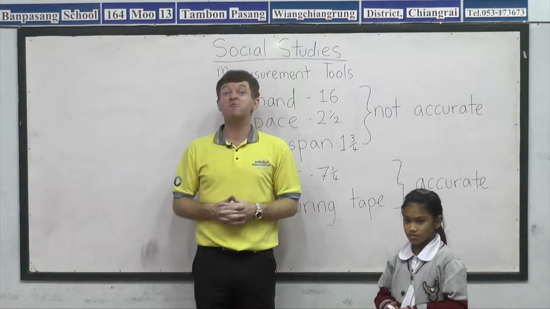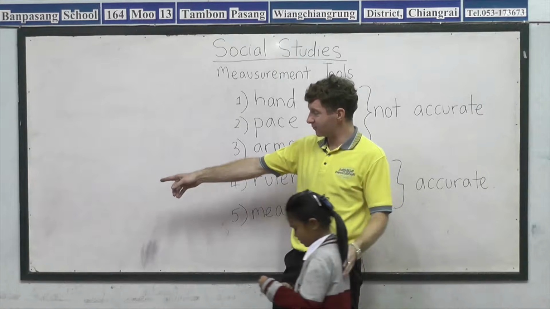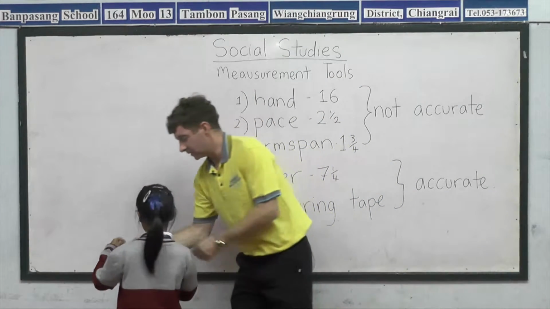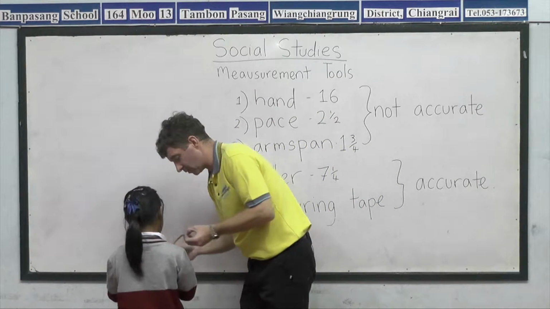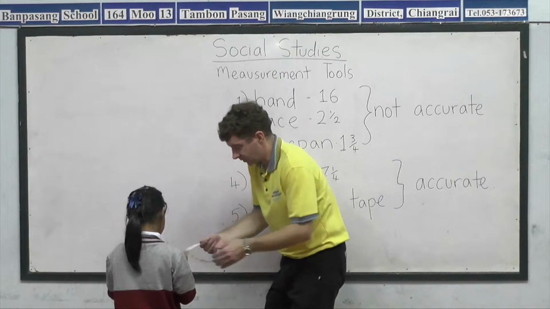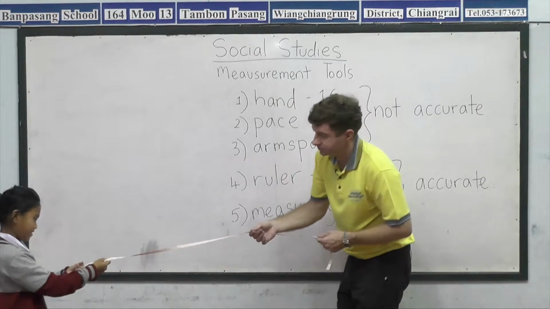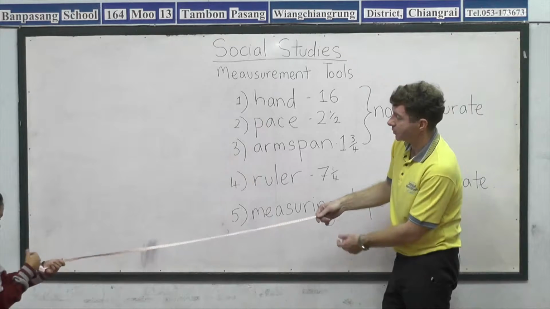I think maybe 300. So let's see. Pak Boom, can you start at this end of the board? And what we can do, we start from 0. Excellent. Okay, so start with 0 at your end of the board.